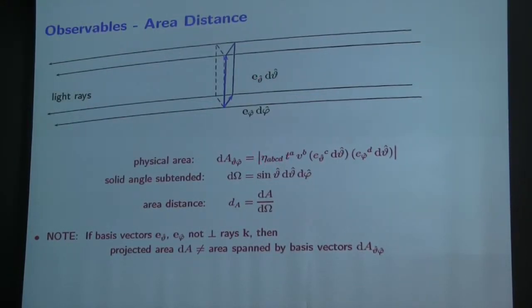So we use the permutation pseudotensor, the T, the V, and these two displacements, which are essentially propagated basis vectors times angular changes. Right? And that's the angle subtended to the observer. This gives us the area distance. And the one thing that we're still worrying about is how to properly account for the non-orthogonality that might be there.